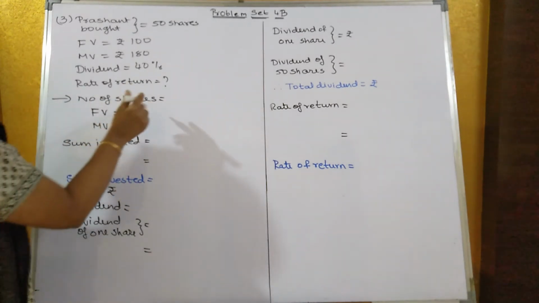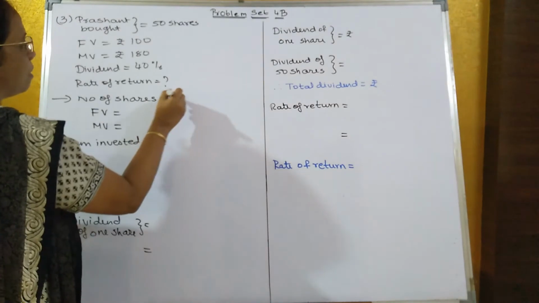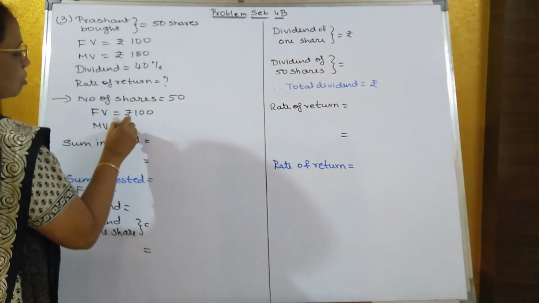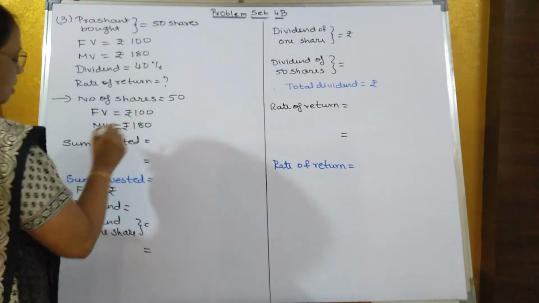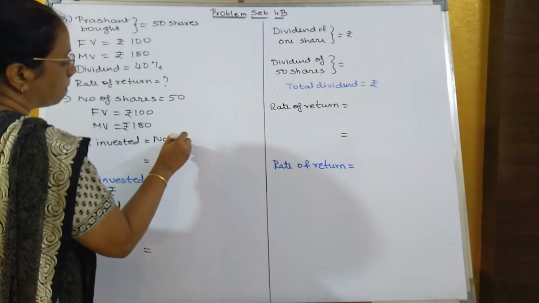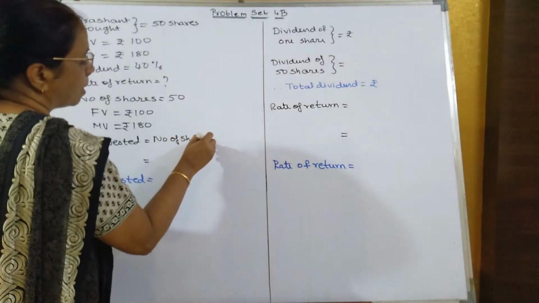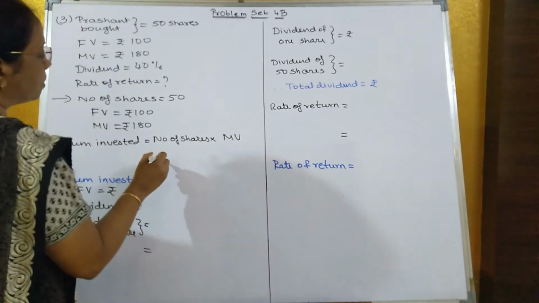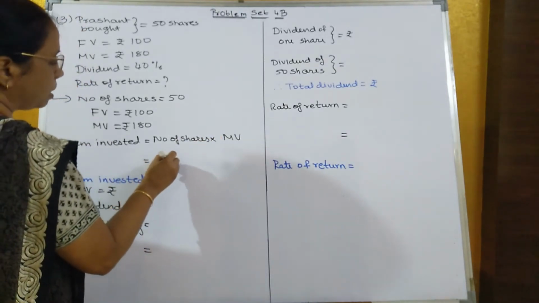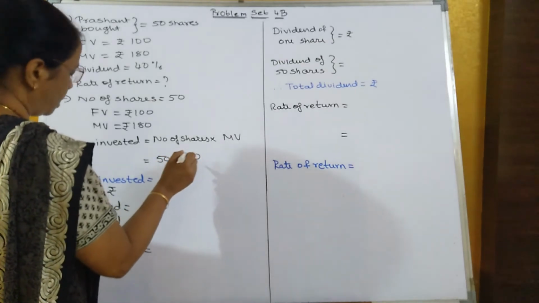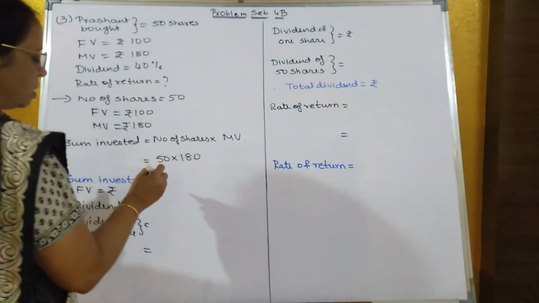Sum invested is equal to number of shares into market value. So number of shares is 50, market value is 180.